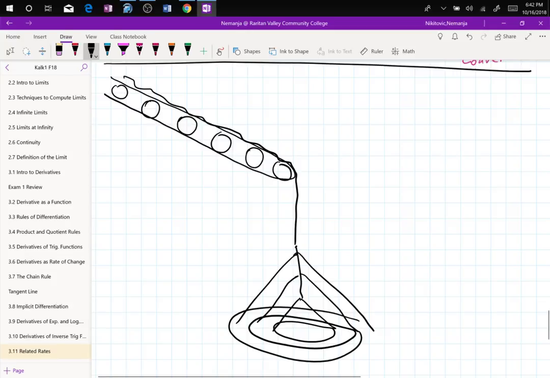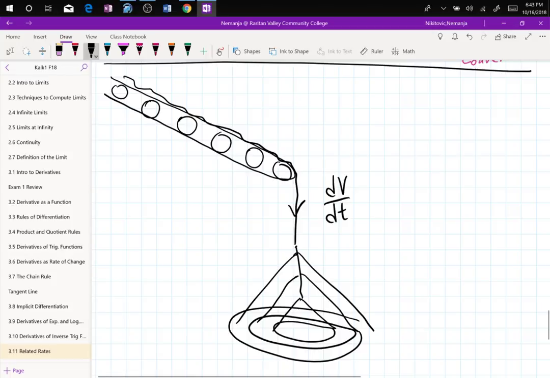Whatever, doesn't matter. So now, the incoming stream over here is going to be dV/dt. That's your change in volume, dV/dt.